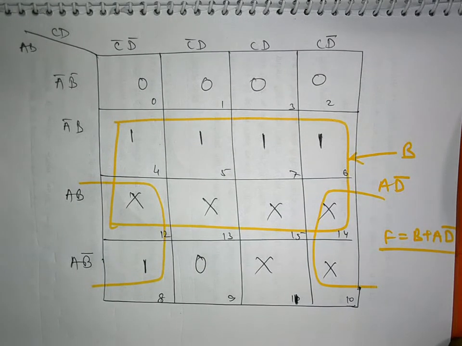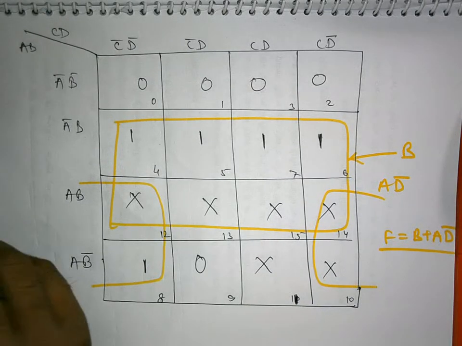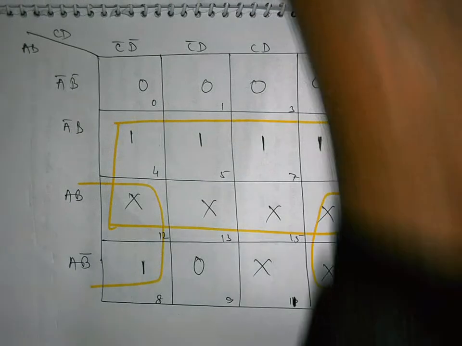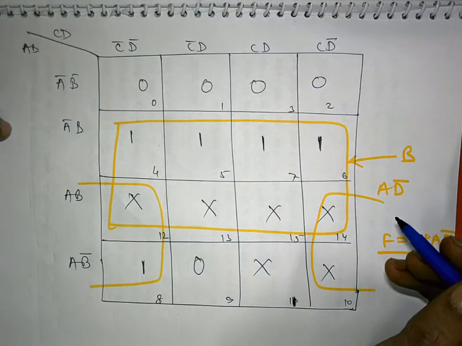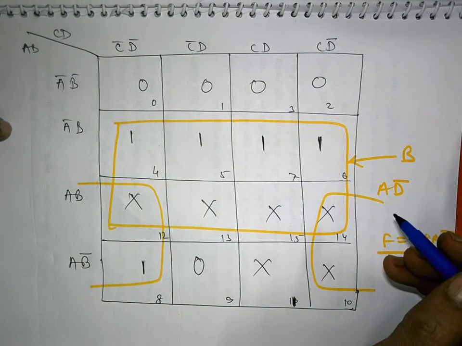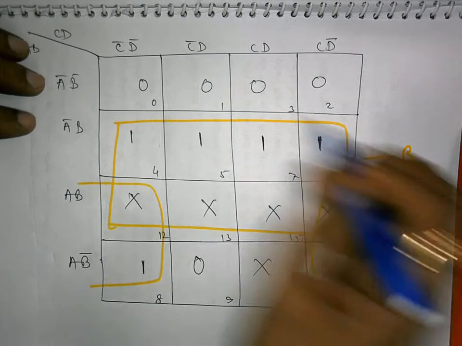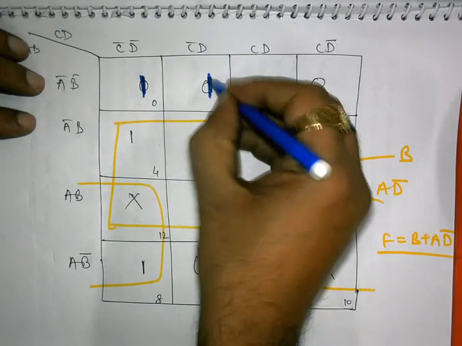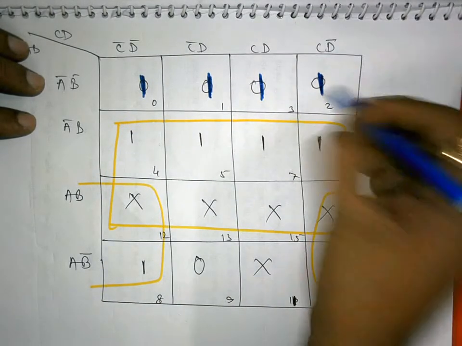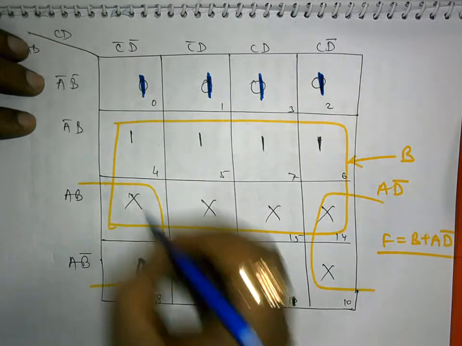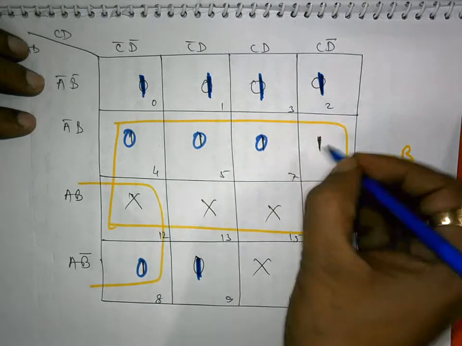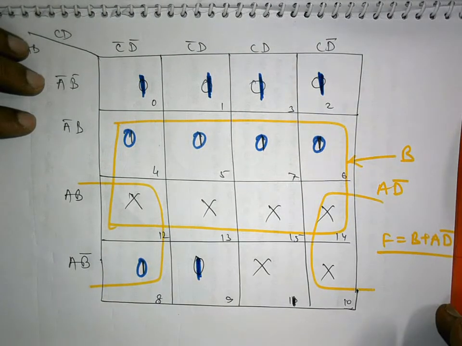Now you approach for POS realization. In POS realization you assume 1 to be equal to 0 and 0 to be equal to 1. And this way you realize F bar. So what is the biggest group that can be formed? Better if you put 1 over here, and better if you put 0 over here, because you are now proceeding for the realization of F bar.